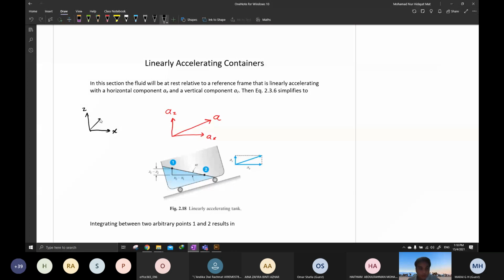So what do you think is the other component that is not involved in the motion? Can you guess any other component that does not involve motion? Everyone, are you there? Yes, Doctor. Okay, which component does not involve acceleration or any kind of motion?